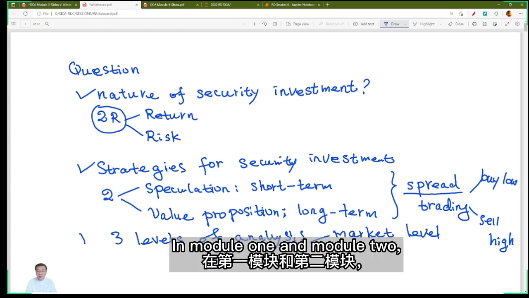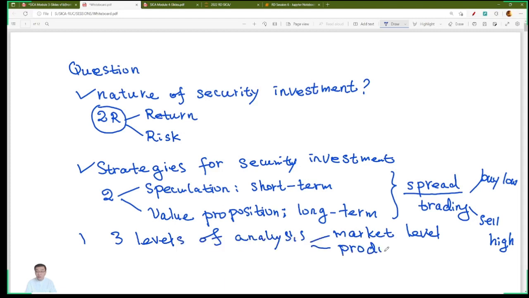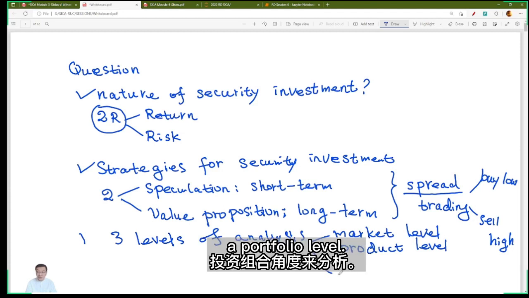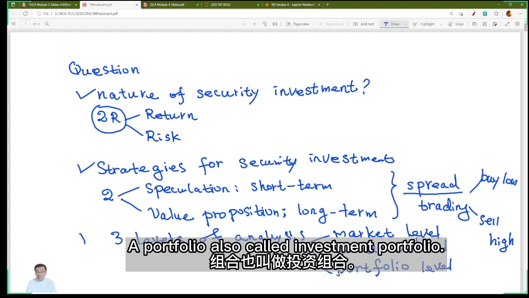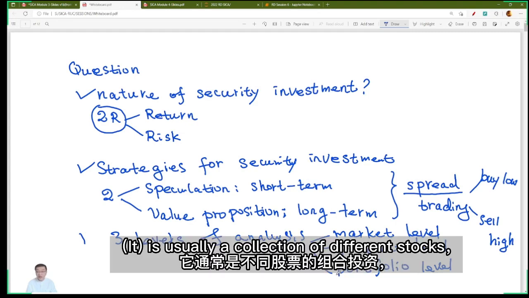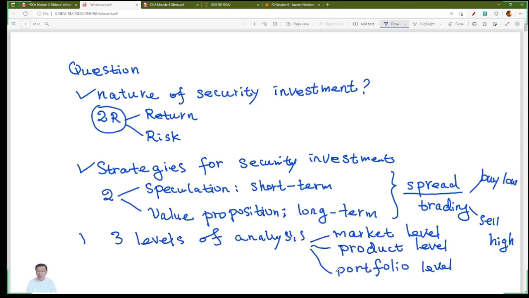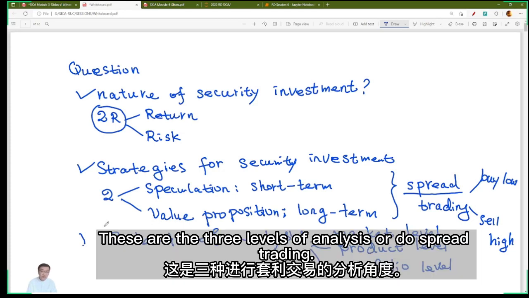In Module 1 and Module 2, we do it from product level. In the last module, Module 5, we will also do this from portfolio level. A portfolio, also called investment portfolio, is usually a collection of different stocks or different bonds together in order to get higher return while in the meantime less risk. These are the 3 levels of analysis for spread trading.